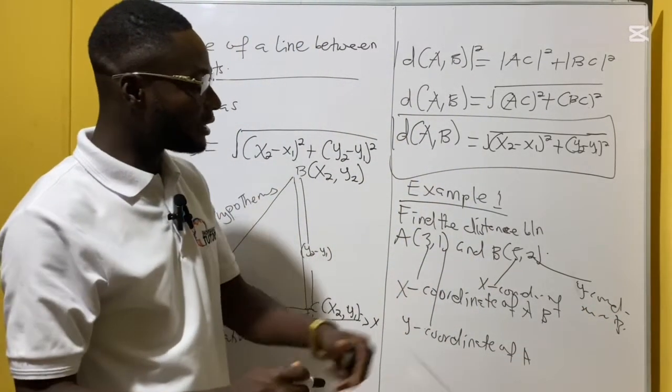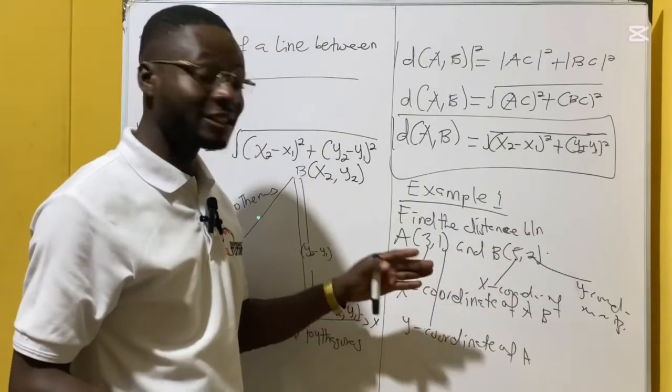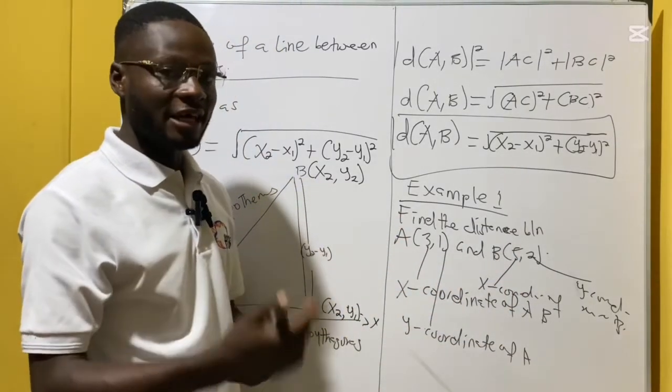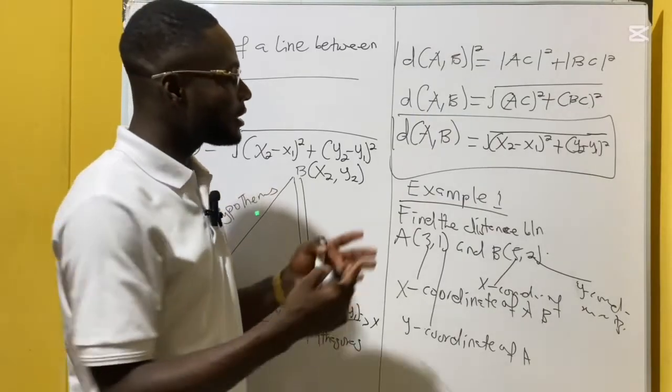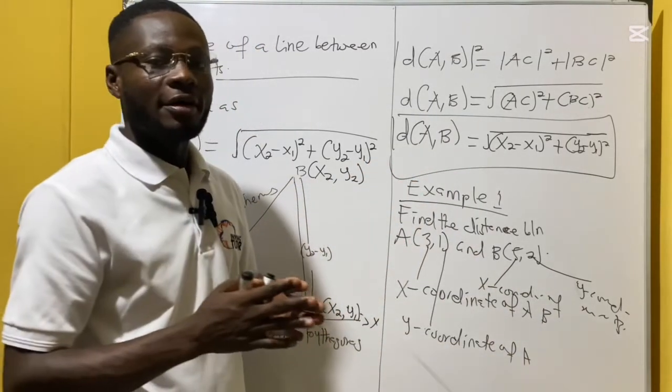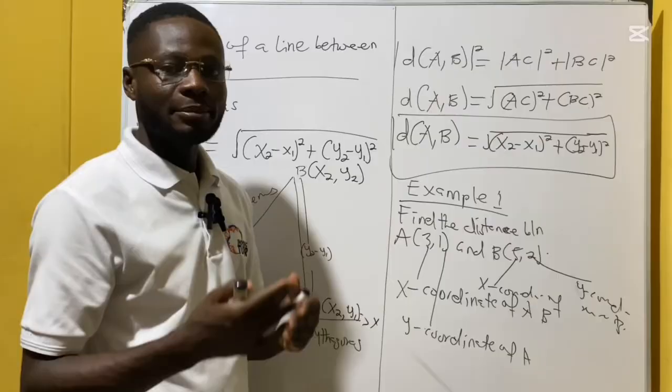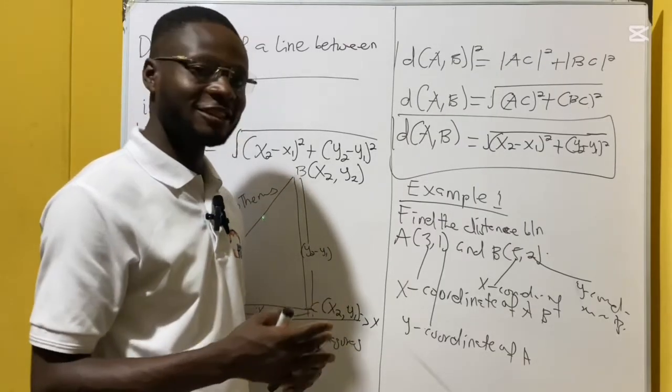So once you have been able to identify all these parameters, then the next thing to do is plug in those numbers and then simplify. So let's get into it.